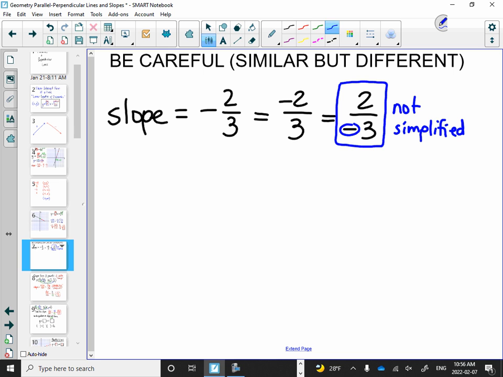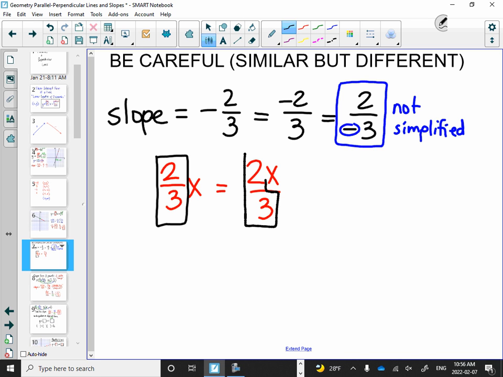Now, another thing. If you have a slope of, let's say, 2/3 x, would everybody agree right here that our slope is 2/3? Now, is this the equivalent of that? Is that the same thing? Is x on top the same as x on the side? What about the negative on top and the negative on the side? This is also okay. The slope is still 2/3.